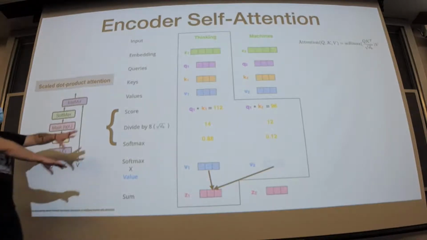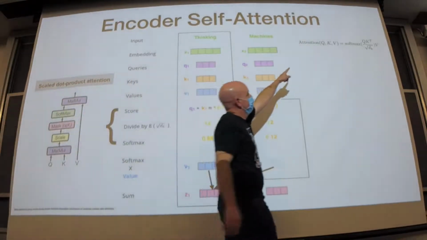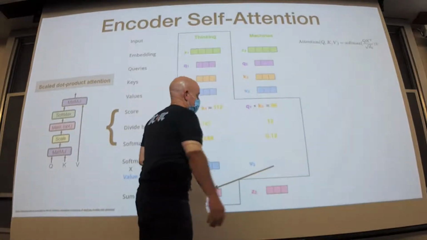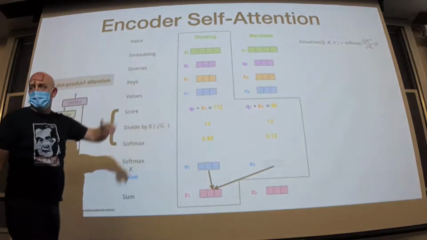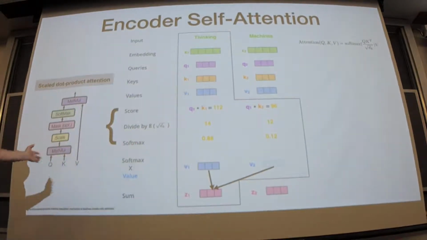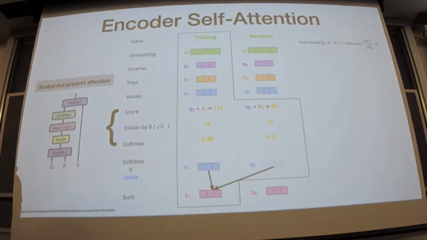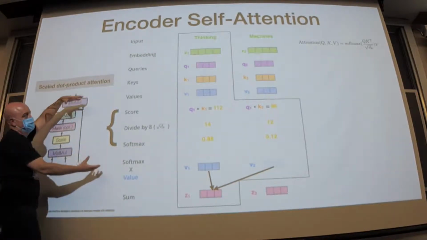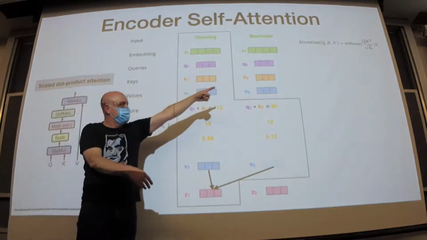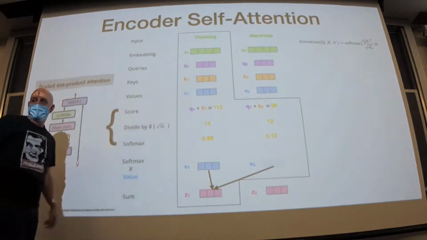No, this is a head right here. All of these operations together are a head that gives you a Z1 and a Z2 for the X1 and X2 that you input, or Z1 through Z40 for X1 through X40. So all these operations together, shown right there, is a head.